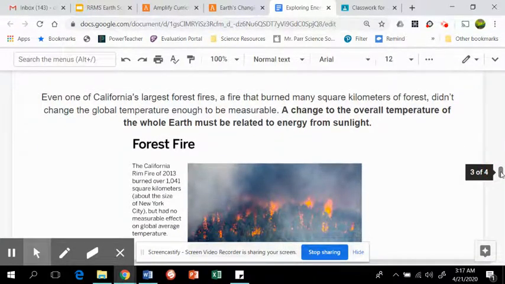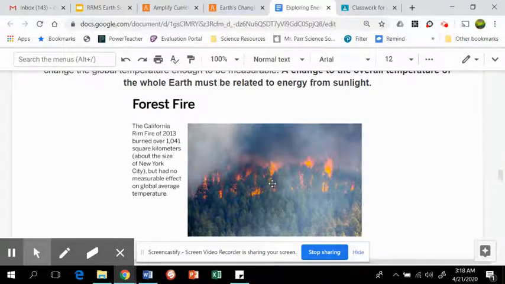Every one of California's largest forest fires, which is a fire that burned many square kilometers of forest, didn't change the global temperature enough to be measurable. A change to the overall temperature of the whole Earth must therefore be related to energy from the sun.